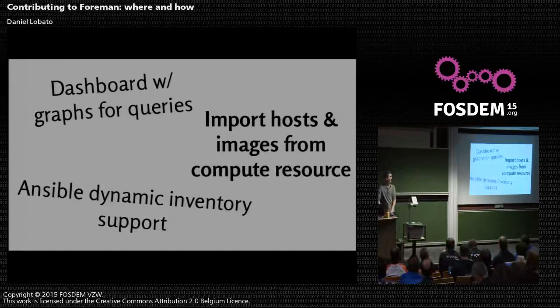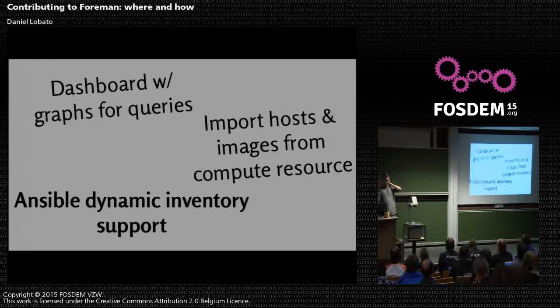That one is a little hard. If you're using compute resources like, let's say OpenStack for the sake of simplicity, in OpenStack you can go over there and see the list of images you have, the list of hosts. But if you don't have these hosts in Foreman, then you have to create them there, then associate them. Similarly for images, you have to link your operating systems in Foreman with images. It would be really nice if you figured out some way of automatically associating that.